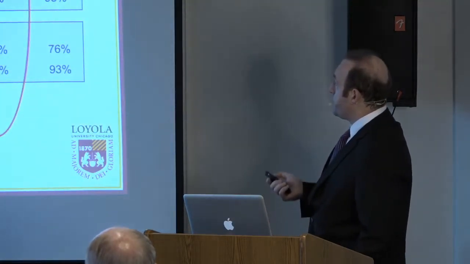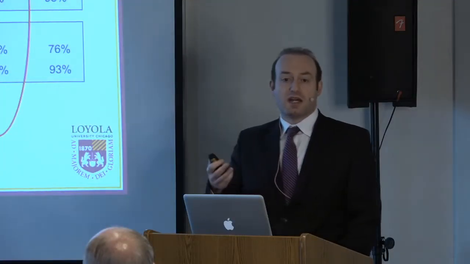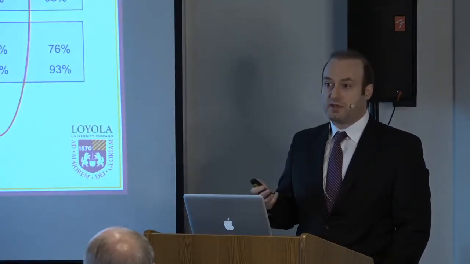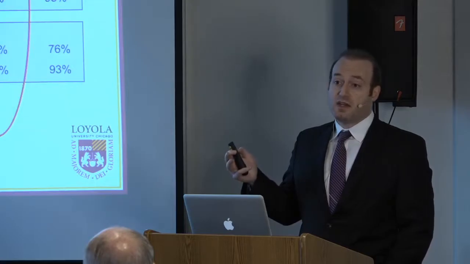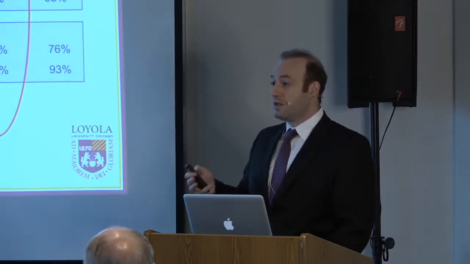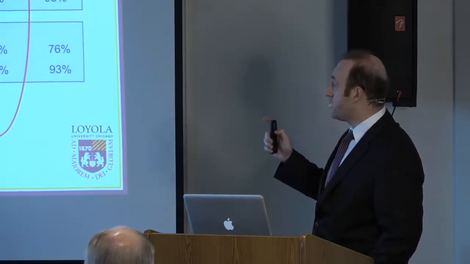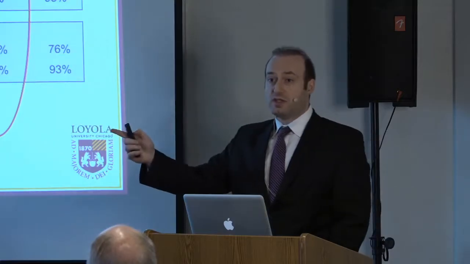And the negative predictive value of CT is its real strong point, right? And what this translates into is a confidence in us as providers to tell our patients that they do not have evidence of obstructive coronary artery disease. If you do not see any atherosclerosis, any stenosis on a CT scan, we could confidently tell them that they don't have obstructive coronary artery disease. And that confidence also translates into a strong warranty period.